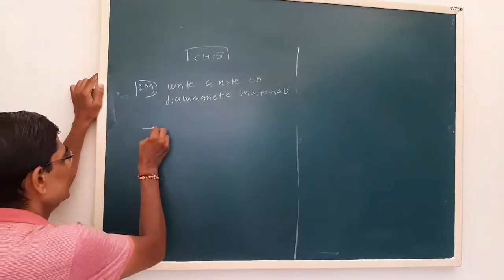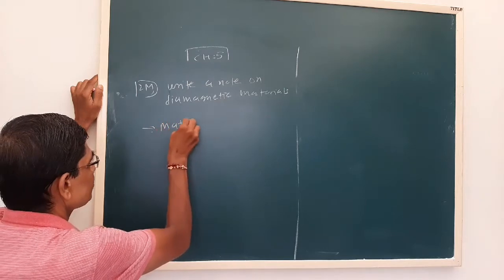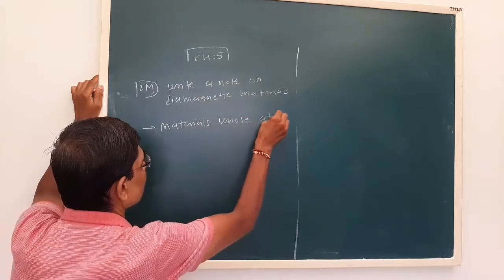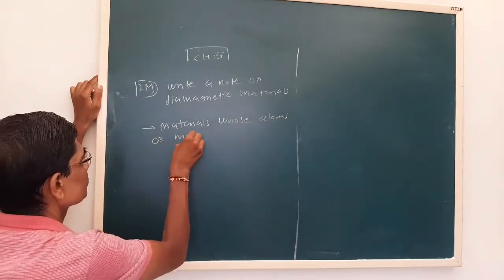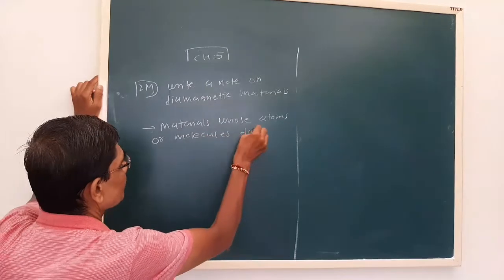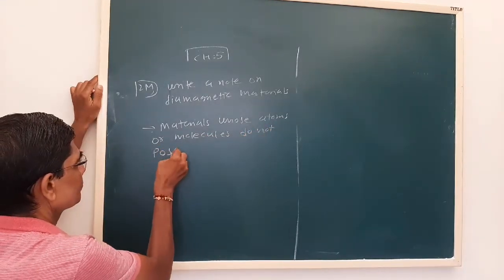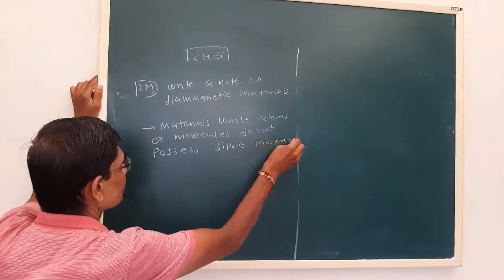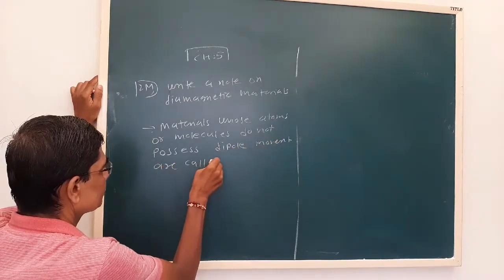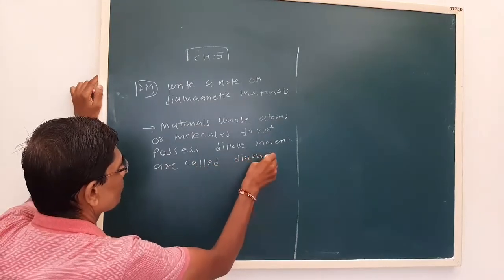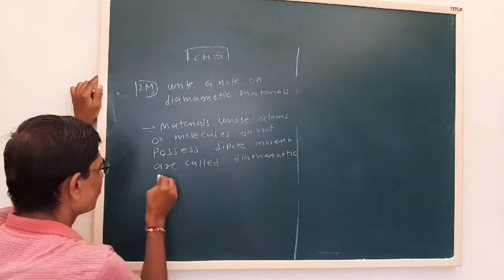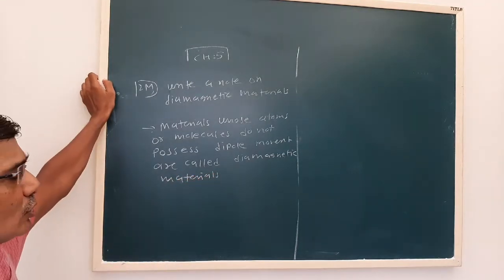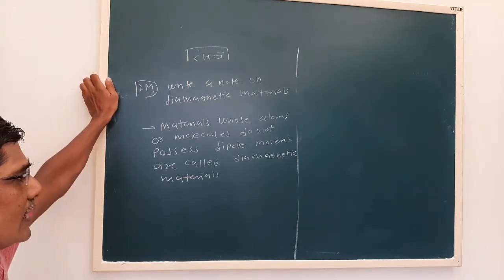We can write like this: the materials whose atoms or molecules do not possess dipole moment are called diamagnetic material.